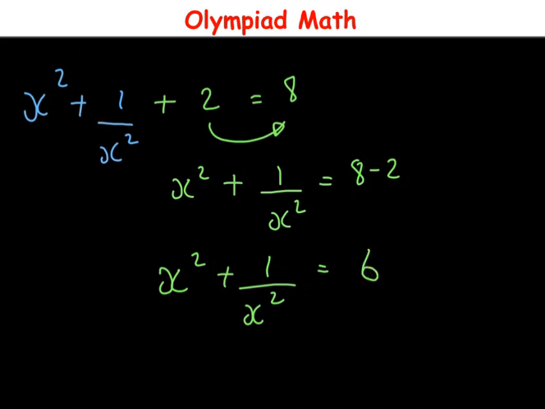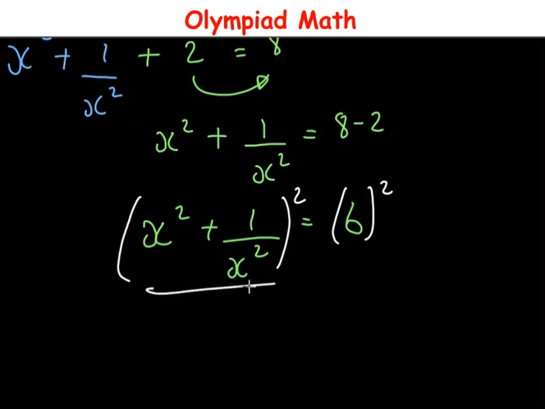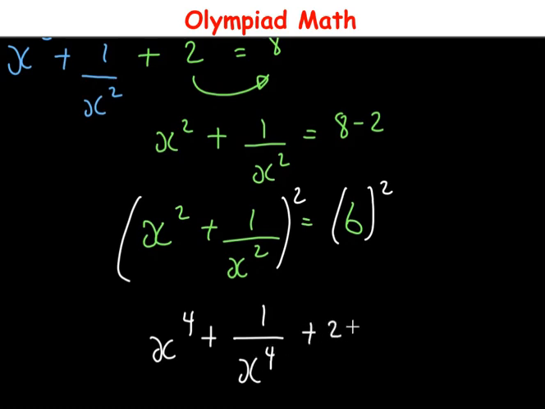Then the next thing we're going to do is to square this. If we square this, we're going to have x raised to power 4 plus 1 over x raised to power 4 plus 2 times x squared times 1 over x squared. This equals 6 squared, which is simply 36.